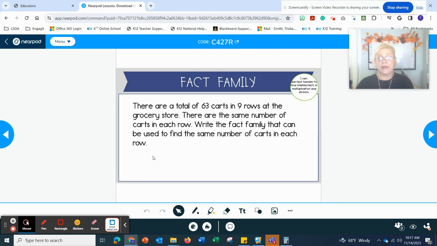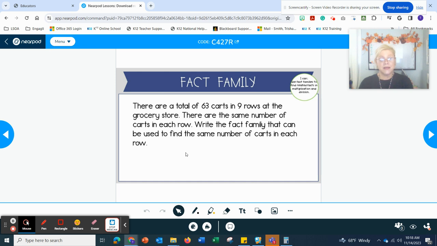So what are you doing? You're going to answer this question. There are a total of 63 carts in 9 rows. At the grocery store, there are the same number of carts in each row. Write the fact family that can be used to find the number of carts in each row.